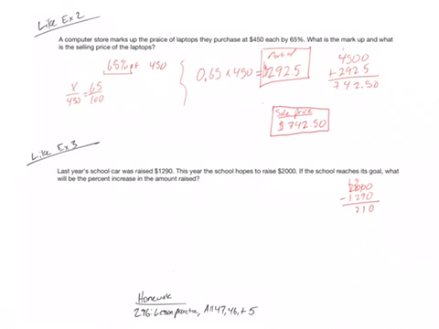So I'd take 710 and divide it by the original amount, what they started with last year, 1,290, and you get about 0.5503. Since that is a percent increase, I'm going to multiply by 100, and I'll end up with about 55%. And we'd say increase.